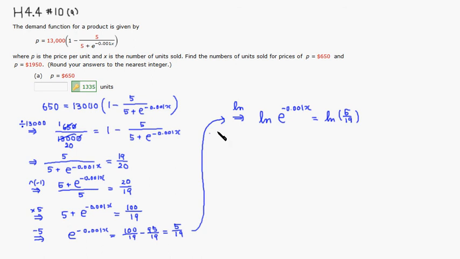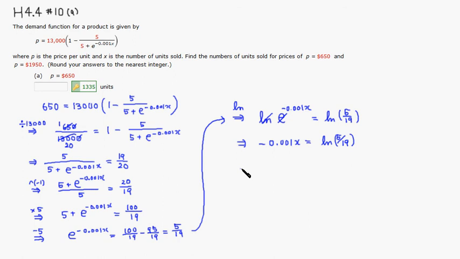The natural log and exponential function cancel out, so what you get is negative 0.001x is equal to the natural log of 5 over 19.